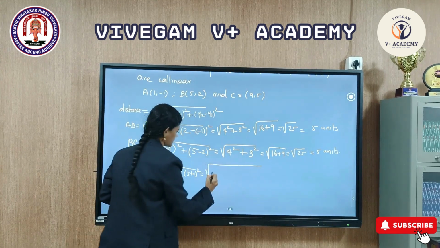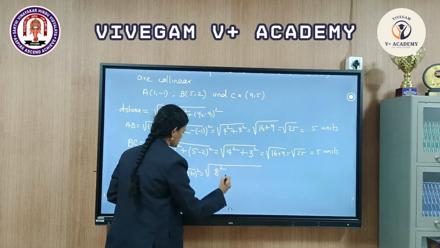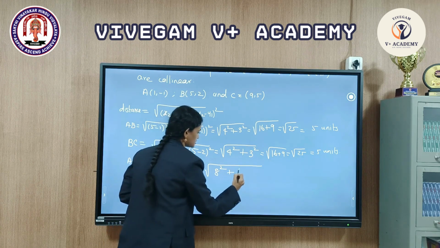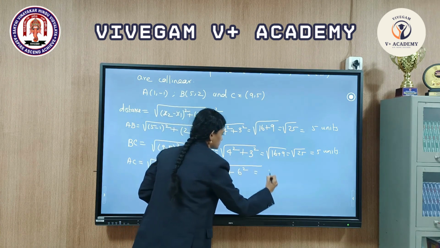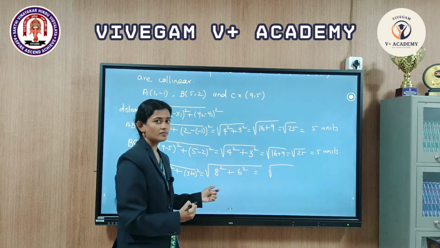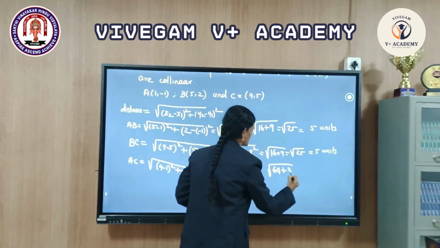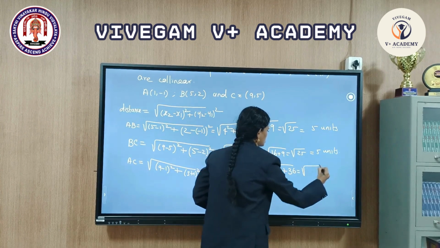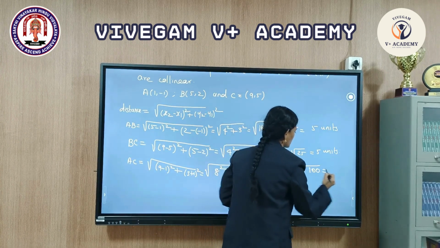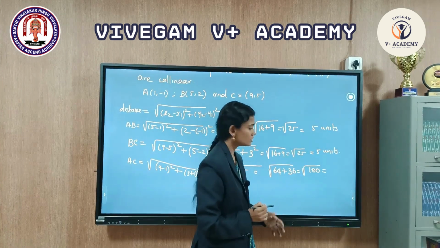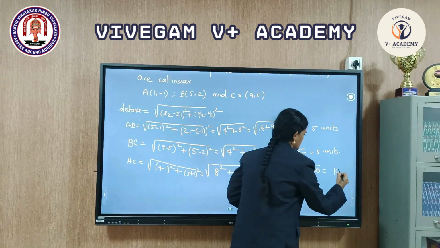So root of 9 minus 1 that is 8 squared, 5 plus 1, 6 squared. So 8 squared value is 64, 6 squared that is 36, root of 100. Now again 100 is a perfect square. So what is the answer? 10 units.